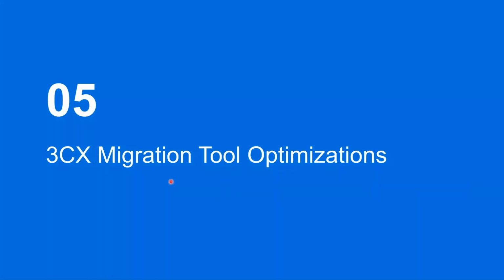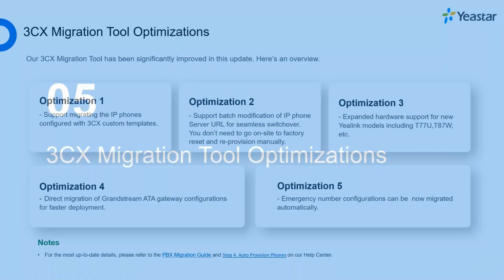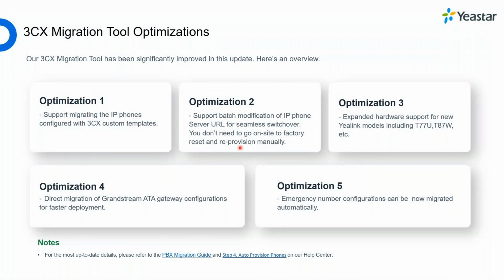Okay, the next is the migration tools optimizations. As you may know, we have migration tools for the 3.6 license, so you can easily upload a backup to the Yeastar PBX. We have improved this one, and we have 5 optimizations.